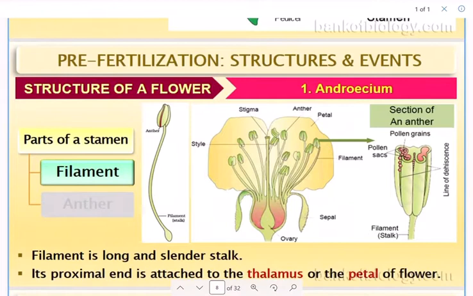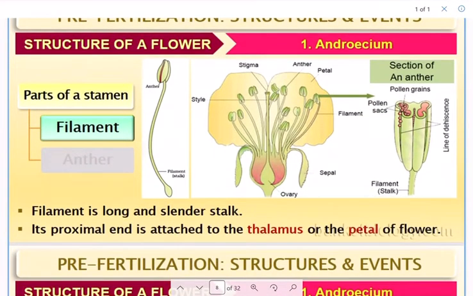When we take the TS, transverse section of the anther, we can see the presence of pollen sacs. And in the pollen sacs there will be pollen grains. This is on maturity. Further, dehiscence takes place. The anther becomes mature and breaks open, and the pollen grains will be released into the atmosphere.